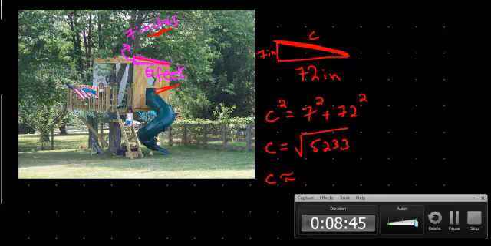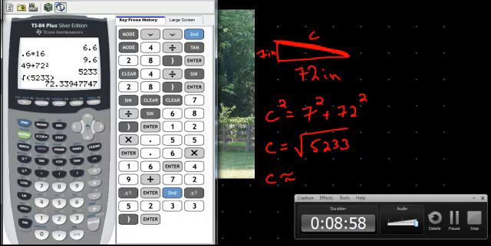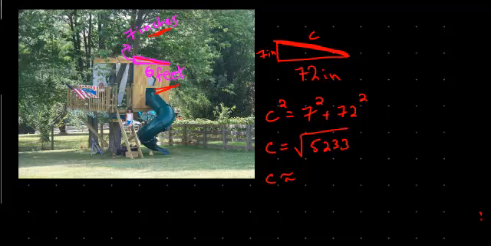Okay, 5233. And so C is going to be, remember we're in inches here, about what? Square root of 5233 is 72.339 inches.